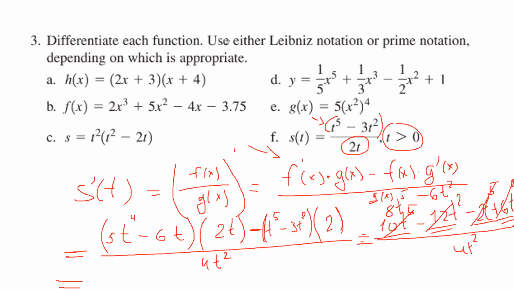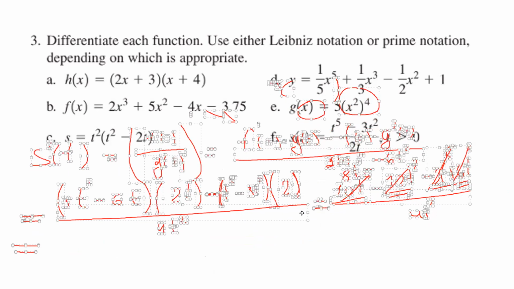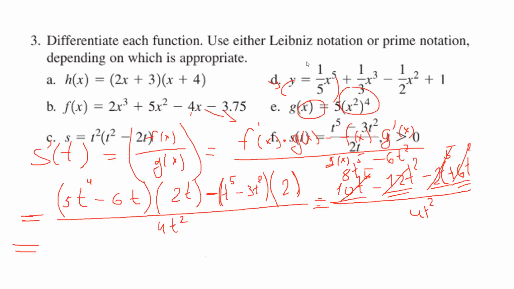And we end up with 8t to the fifth power subtract 6t squared divided by 4t squared. And what would be the next step, guys? Simplify it. By how?